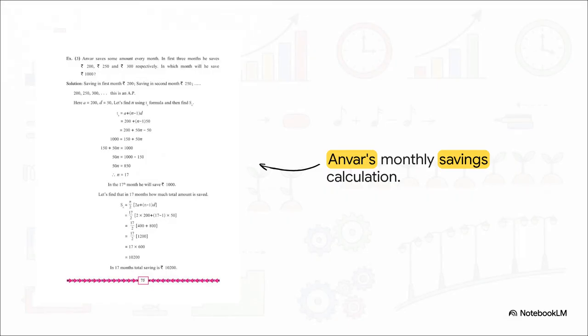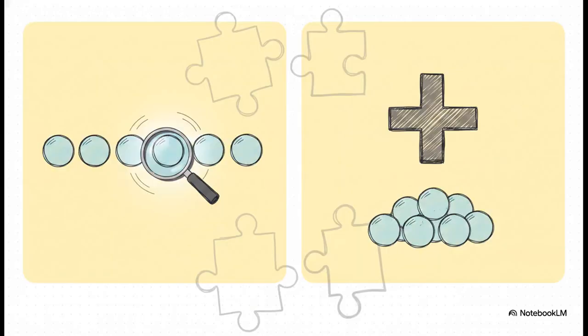Let's look at another excellent example, Anvar's savings. This is a really beautiful two-part problem. Anvar saves 200 rupees, then 250, then 300, and so on. Here, before finding the total sum of all his savings, we first need to find when, in which specific month, he manages to save exactly 1,000 rupees. There's a crucial distinction here in mathematics.